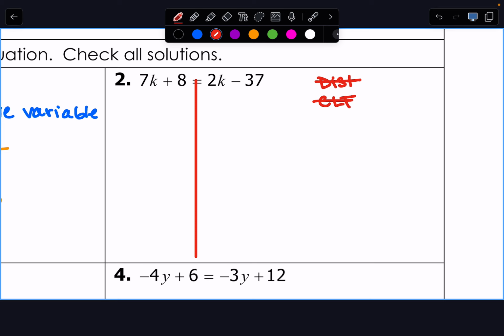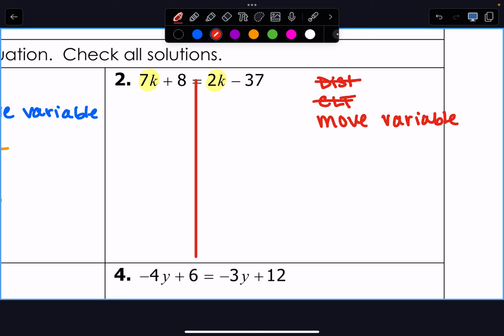What I do notice, however, is that I have k's on both sides. We don't want that. We want our k's to be on the right side or the left side, okay? It doesn't matter, but if it's the same amount of work either way, I'm going to choose the left side, okay? So let's move our variable.